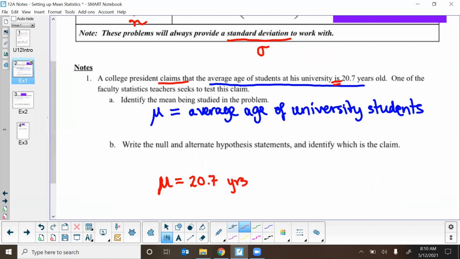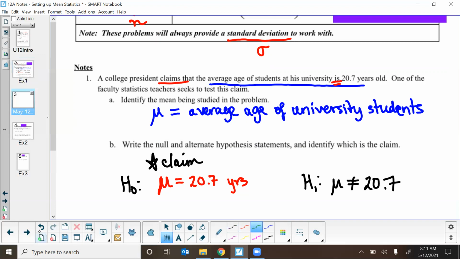And so because that has an equals, that is our null hypothesis, just like when we did proportions. The alternate hypothesis is going to be the opposite. So we're going to say that the mean is not 20.7 is the other one, but this guy is the claim.